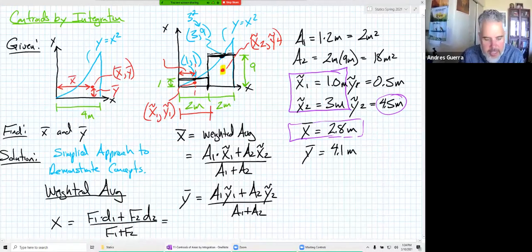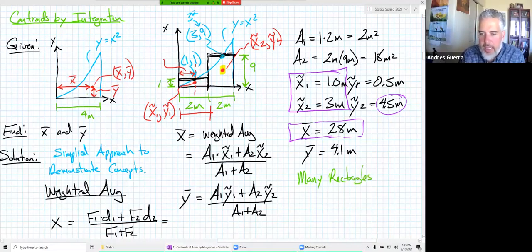Now, what if instead of just 2 rectangles, we did 5 rectangles or 10 rectangles, many rectangles?